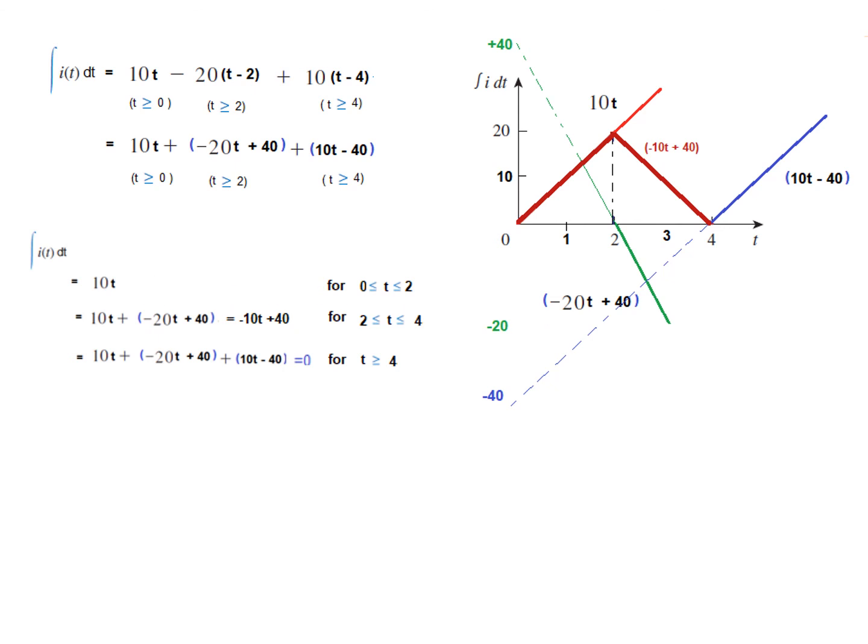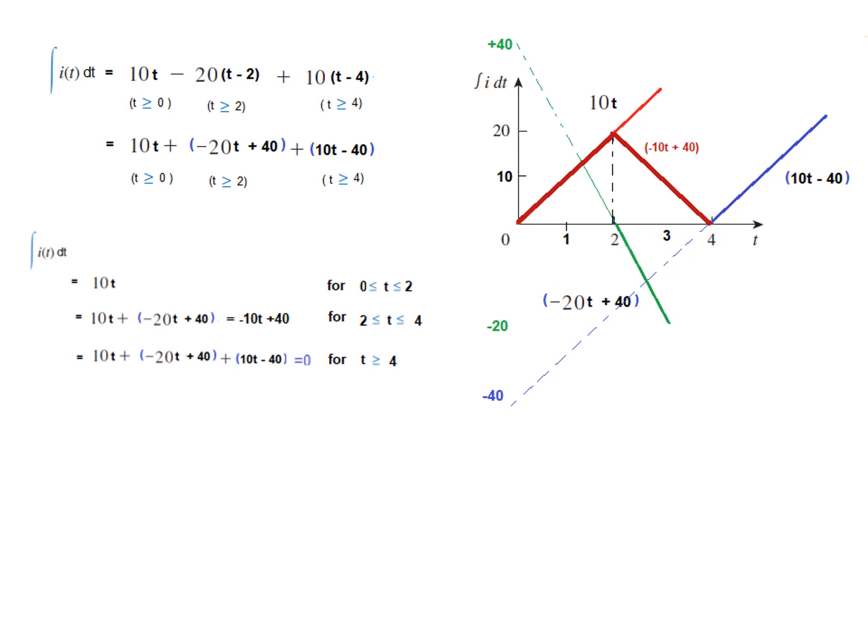Then between 2 and 4, we have to add whatever was coming. That means this curve is still 10t, and we are going to add this one at this point. So 10t and minus 20t plus 40 simplifies to minus 10t plus 40, and the range is from 2 to 4.